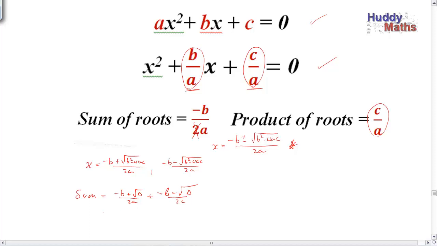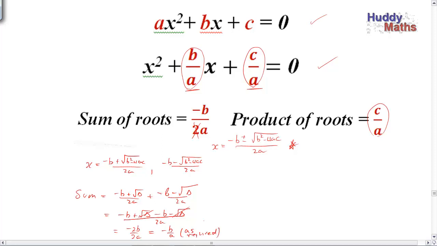Just save me writing out b squared take 4ac. So this would be negative b plus root discriminant take b take root of the discriminant, over 2a. And so here the root of the discriminant will disappear, and we've got negative 2b over 2a, which is negative b over a, as required after you've done a proof.